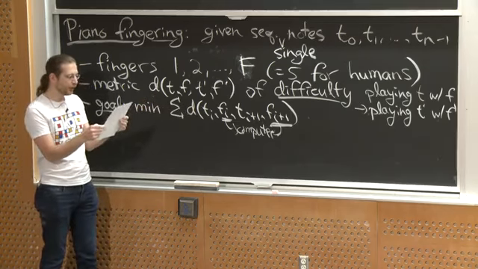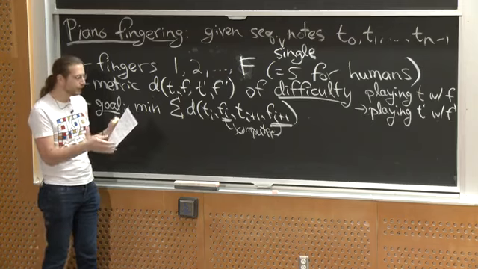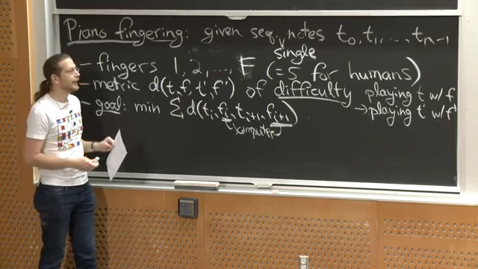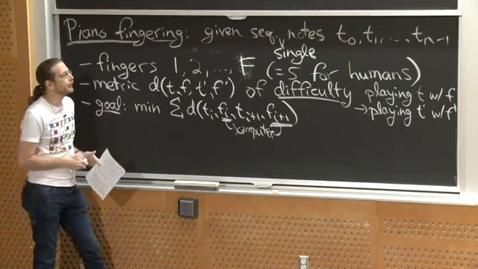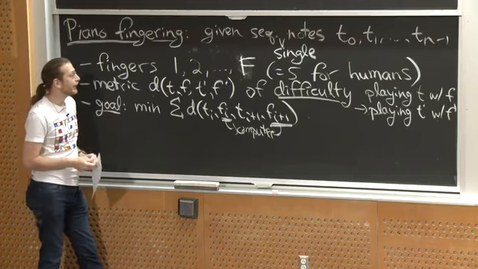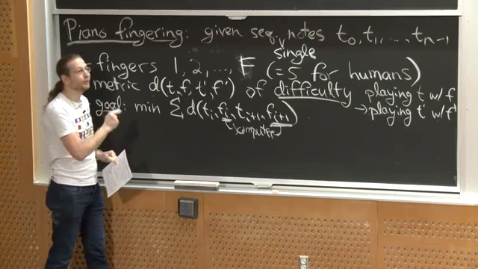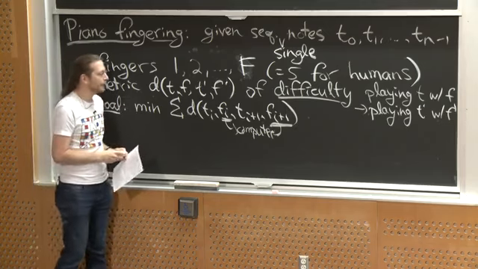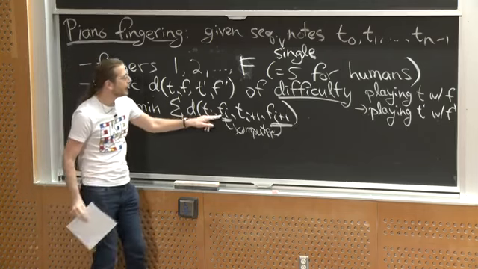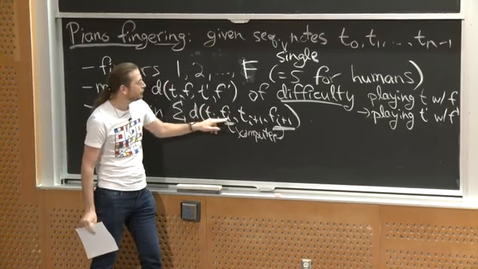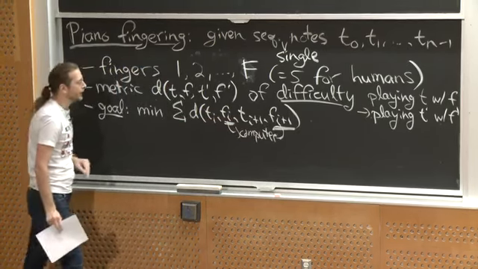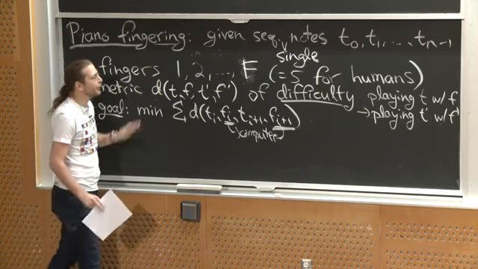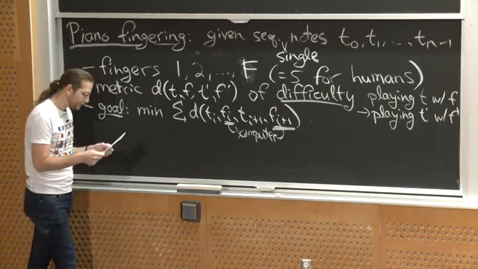Other examples are avoid the 4th and 5th fingers, the weak fingers. Or if I'm playing a portion of the song that is legato, then I don't want to use the same finger to play 2 notes right after the other. I've got to use 2 different fingers for that. So you have a penalty if f_i equals f_{i+1}, and these 2 notes are not the same, and we're in legato mode. And things like that.